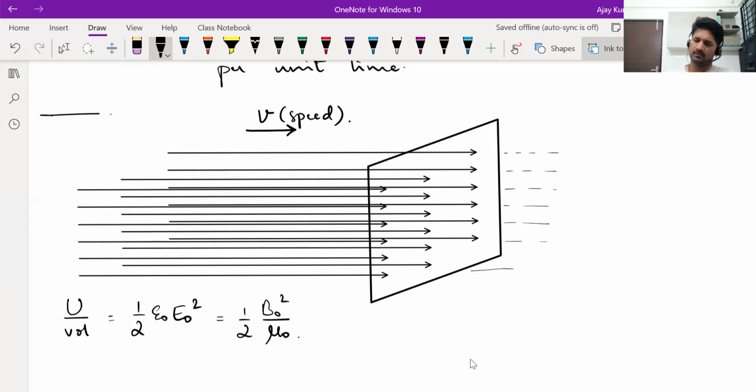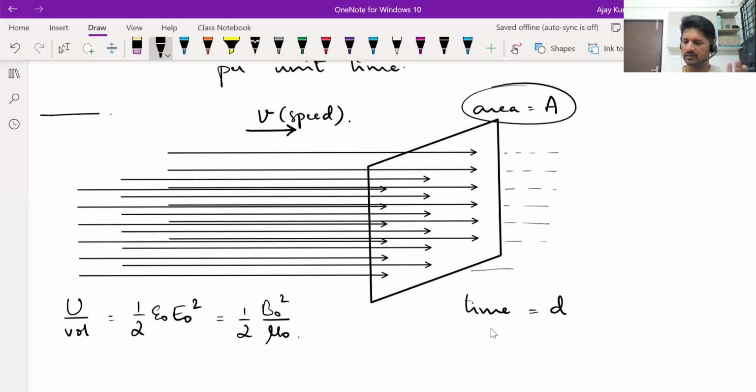So let's say EM waves are passing through the surface like this. Now what we need is intensity, energy per unit time per unit area. Let's say the area of the surface is capital A, that rectangular surface. Let's consider a short time interval dt.